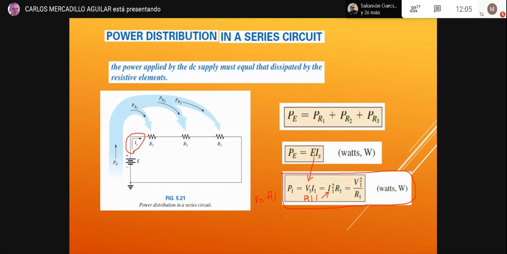You know how it comes from this simple formula? We replace, in this case, the current. In this other case, we can substitute here the voltage.